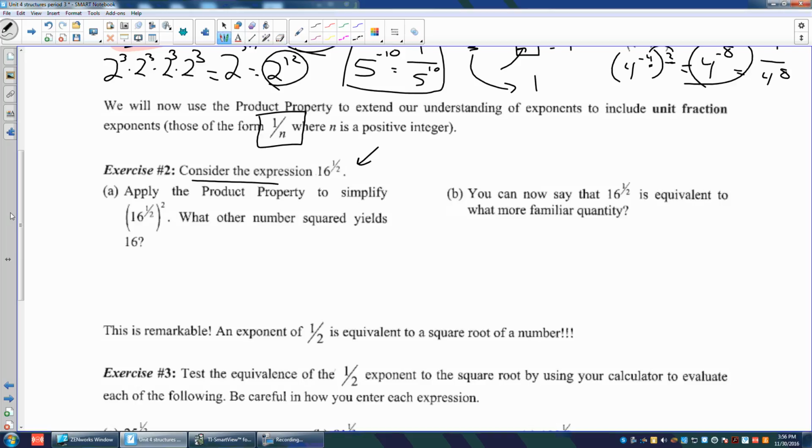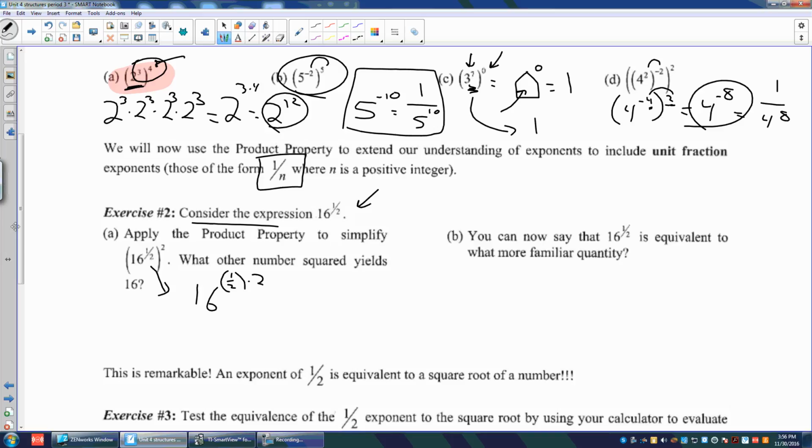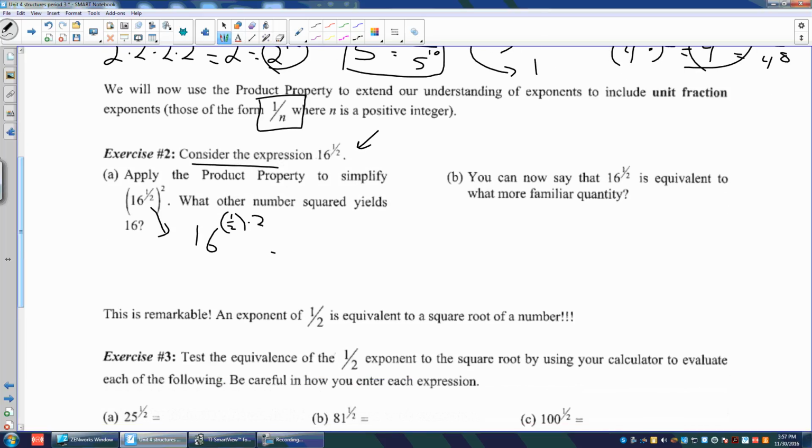So let's take a look at this. 16 to the 1/2 times 2. We just multiplied these. We just multiplied 3 times 4 to get 12. So now we're just doing 1/2 times 2. Well, what is that? Half of 2. Oh, yeah, that's just 1.